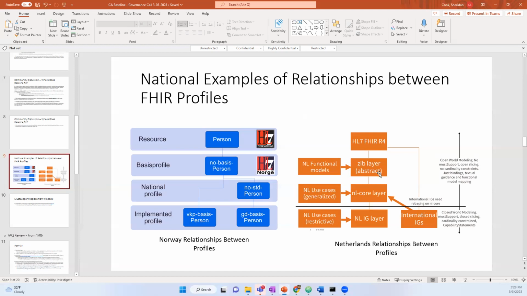As you go further down, you may see slicing start to be introduced. And once you get to the more closed modeling pieces, you start to see must support and cardinality constraints introduced. But we don't look like this, right? We are some mixture down here that makes it challenging for us to say, but derive from us at this stage.